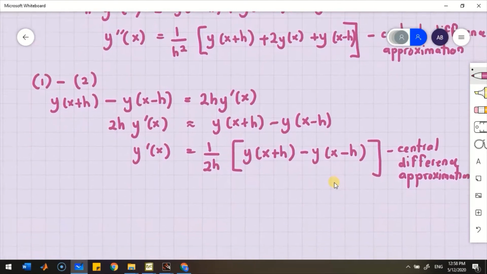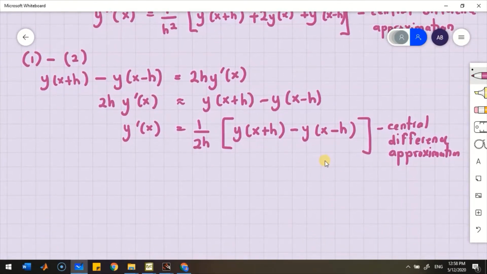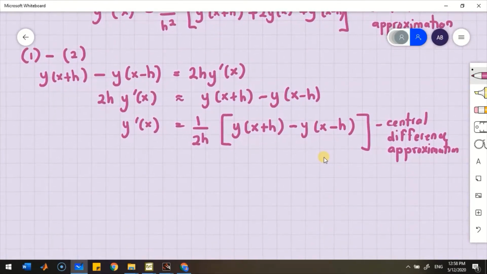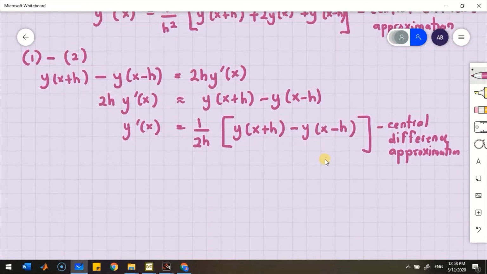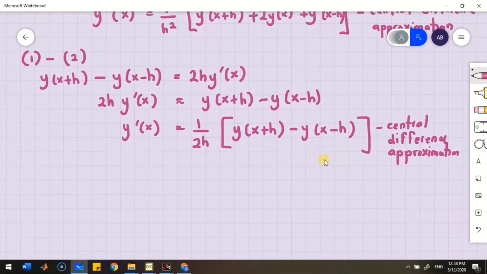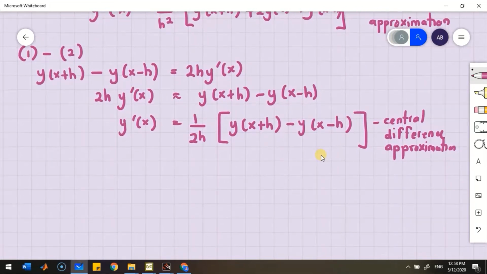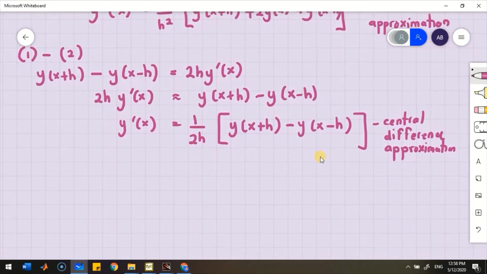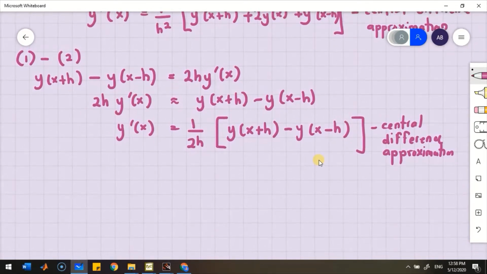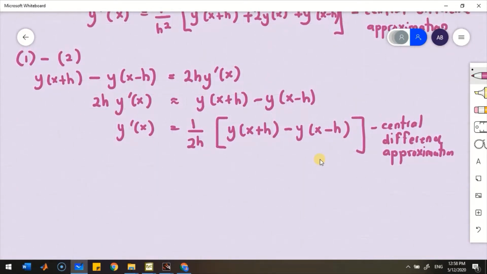What that means is that we are going to convert whatever equation we have written here in the form of a step size, like dividing it into a step size. This is x plus h and x minus h.